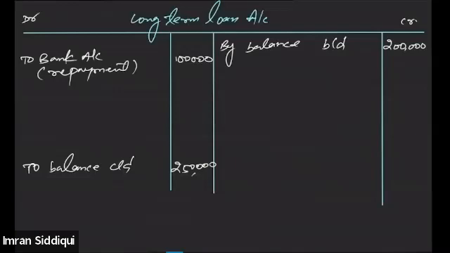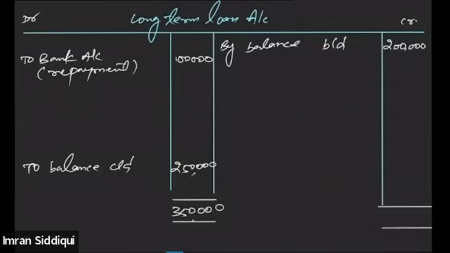Now what do we need to do? We just need to balance both the sides, and you can see the difference arising on the credit side this time. Totaling this, we'll get 3,50,000 on the credit side, and subtracting 2 lakh out of it, we'll get the balance. The balancing figure that we get here on the credit side will be considered as the further amount of loan that we have taken.